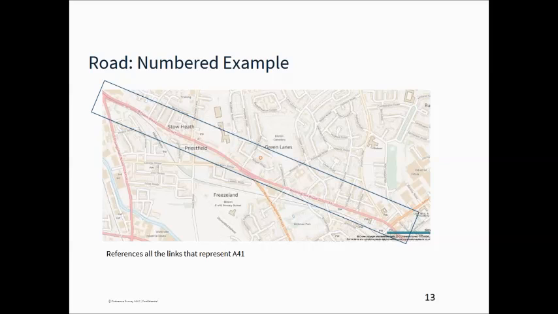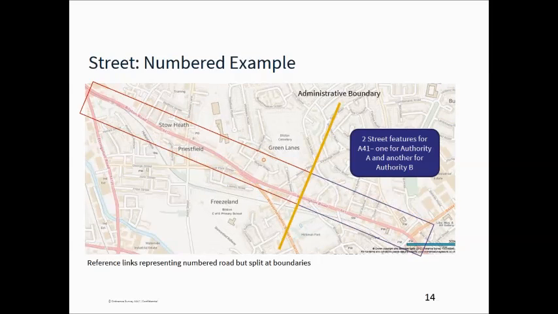On the other hand, in the next slide, you will see for the same area and the same situation, the street feature, where you actually have two street features for that same A41 area, one for authority A on the left side and one for authority B on the right side. So street features, again, take into account administrative boundaries, and you should have the split in your data.